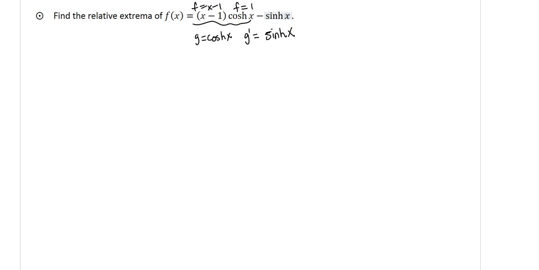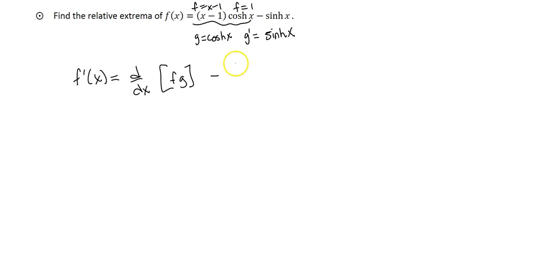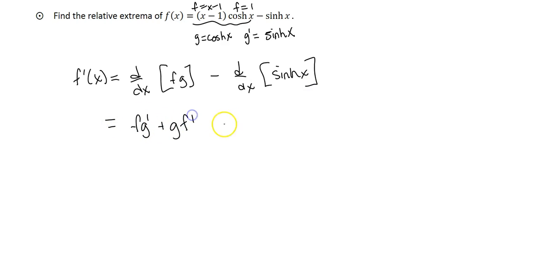And if you need to check back to your formula, you know that it is actually not the negative hyperbolic sine for these. It doesn't turn negative. So f prime of x is the derivative with respect to x of this product fg minus the derivative with respect to x of the hyperbolic sine of x, because we do have the two separate pieces going on here. So this is going to be fg prime plus gf prime, and then this part on the end is just going to be the hyperbolic cosine.